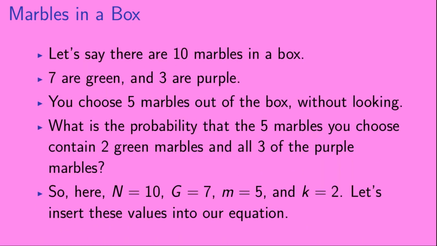So let's say there are 10 marbles in a box. 7 are green and 3 are purple. You choose 5 marbles out of the box without looking. What is the probability that the 5 marbles you choose contain 2 green marbles and all 3 of the purple marbles? So here, N equals 10, G equals 7, M equals 5, and K equals 2.